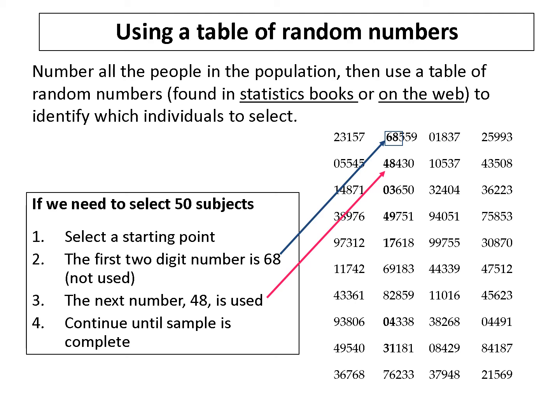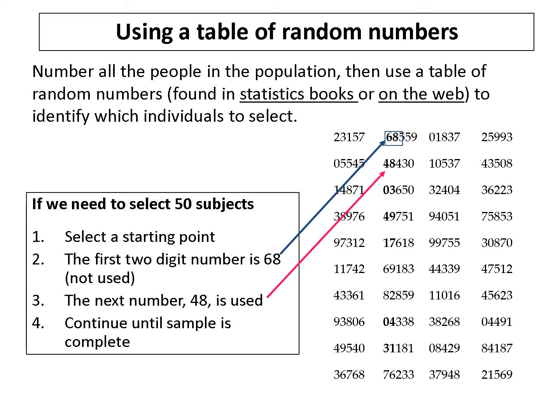This is done using a table of random numbers. We number all the people in the population, then use the table of random numbers found in a statistical book or on websites to identify which individuals to select. For example, if we need to select 50 subjects, first we select a starting point.